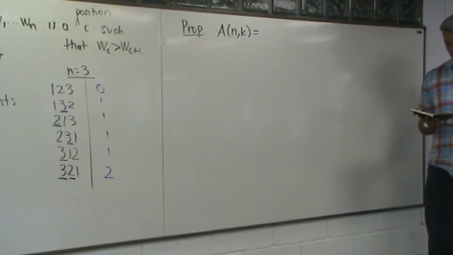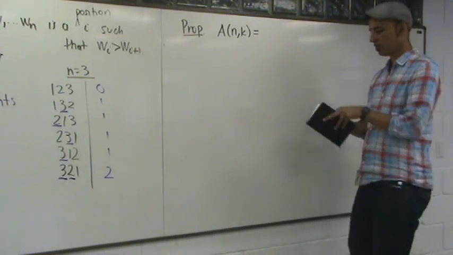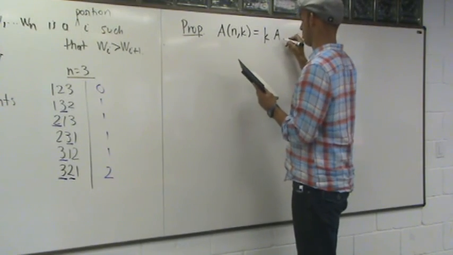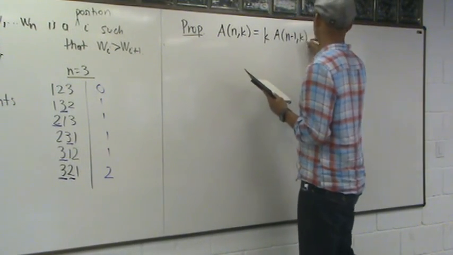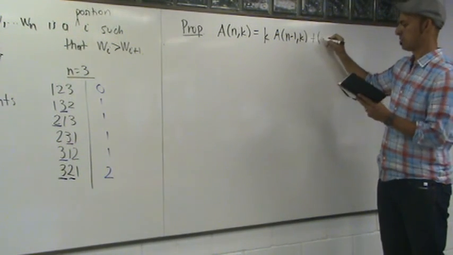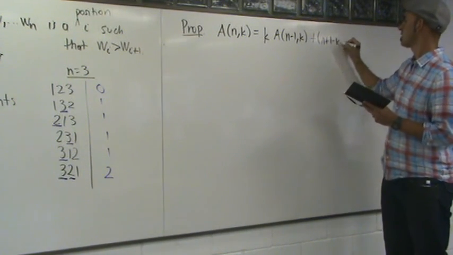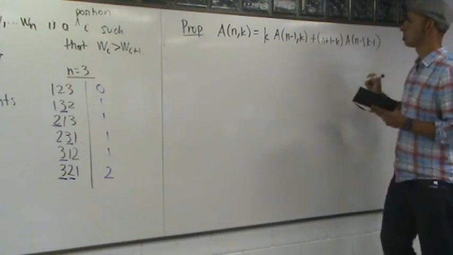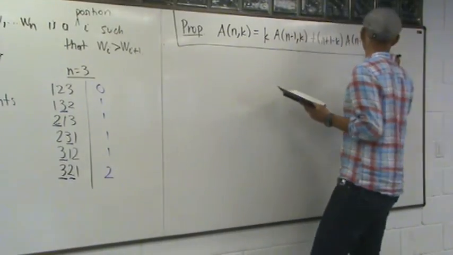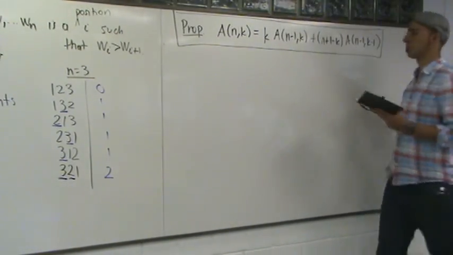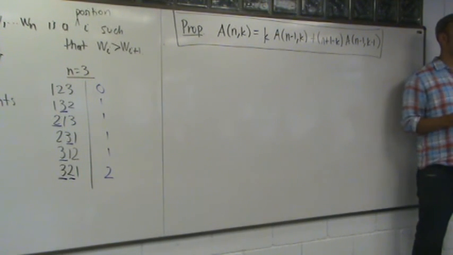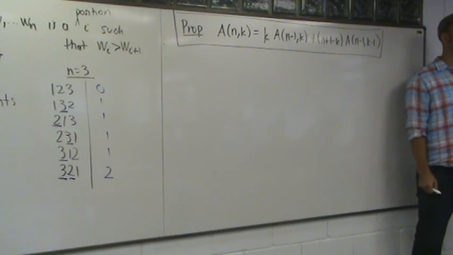And so I'm going to write down a formula that, again, is going to be very similar to other formulas that we've seen. This plus (n plus 1 minus k) times A(n-1,k-1). Okay? So that's it. How do you think the proof goes? By integrating.